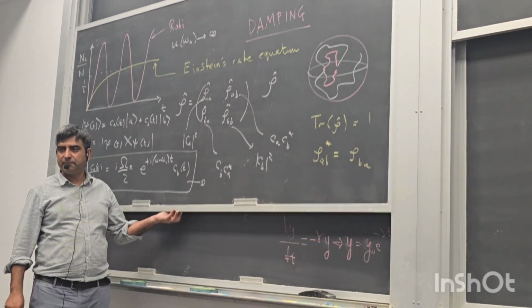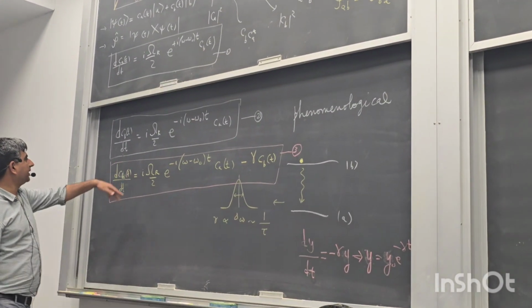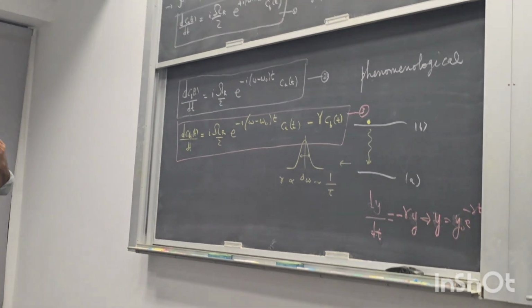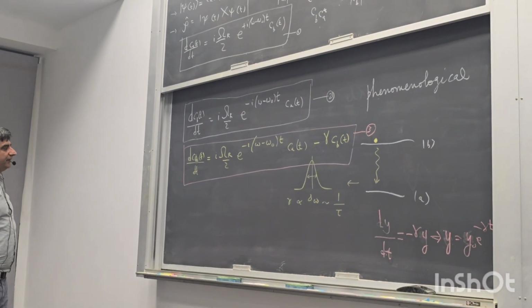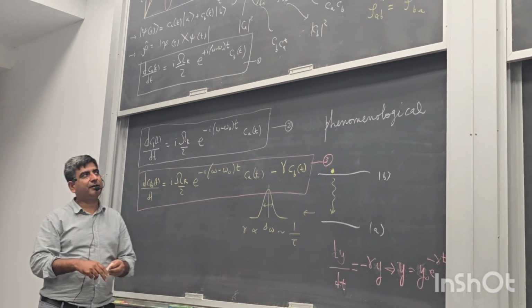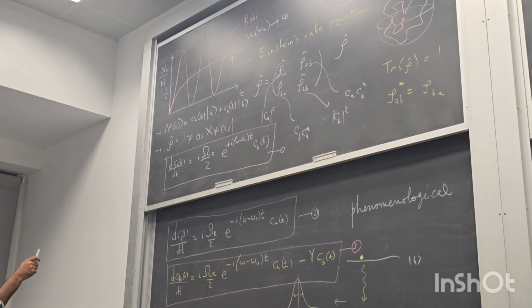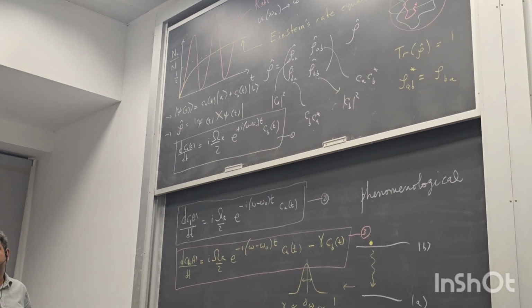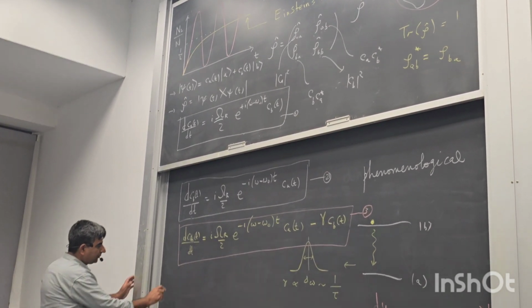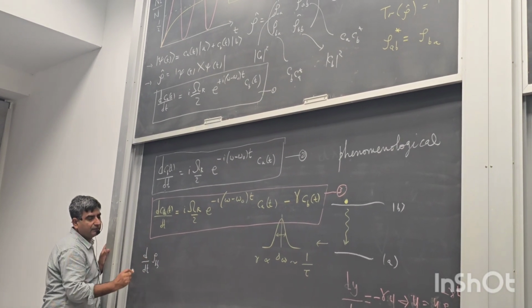Okay? इनको coherences कहते हैं. Now let's look at these equations. So first of all, what I would like to do is calculate the rate of change of the excited population. So I would like to calculate the derivative of rho BB.